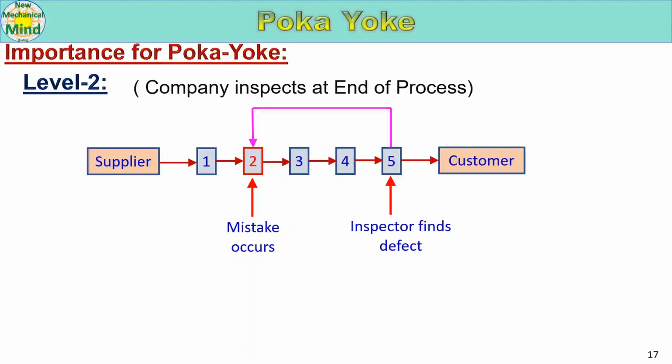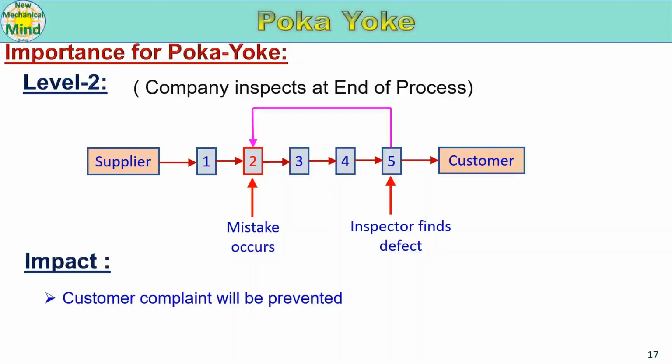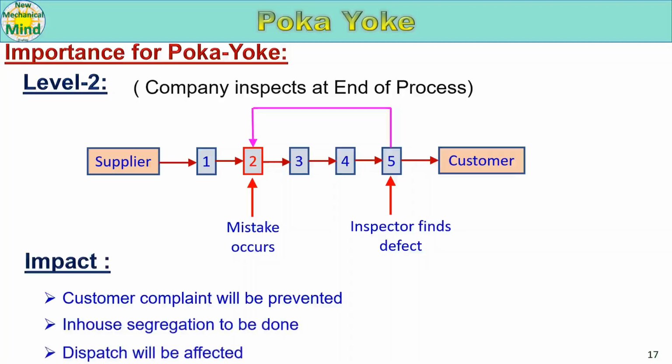Now there will be no customer complaint, but an in-house complaint will be raised and action will be taken on the second stage of production. The impact is customer complaint will be prevented, in-house segregation has to be done, and dispatch will be affected. Because production is getting affected, dispatch will definitely be affected. When comparing to level 1, level 2 impact will be less.